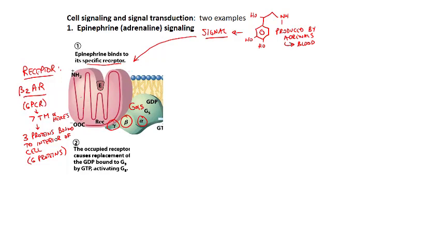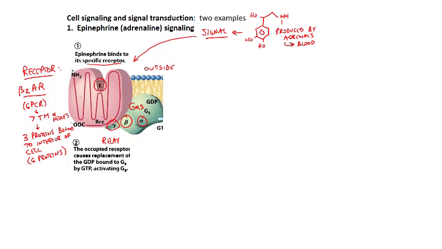All right, so it's the beta-2 adrenergic receptor itself that is the receptor. So our receptor is the molecule that directly binds to the epinephrine. The epinephrine binds in a little pocket on the outside of the cell. This is the outside of the cell at the top. And then what happens after receptor binding? So after the molecule of epinephrine binds to the receptor, the relay begins. So what happens with our relay?